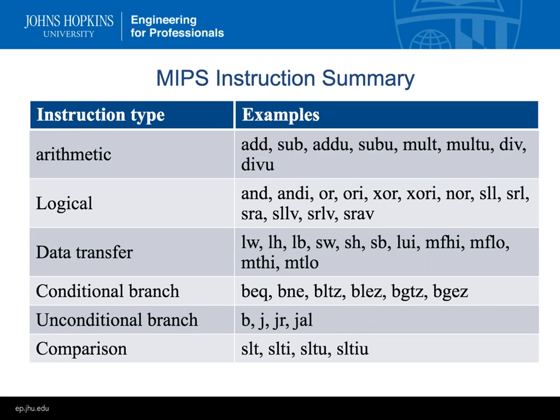So here's a summary of the MIPS instructions. So arithmetic: add, subtract, multiply, divide. And again, all of these can be found in your book starting on page A51, and they're in alphabetical order. Well, kind of.